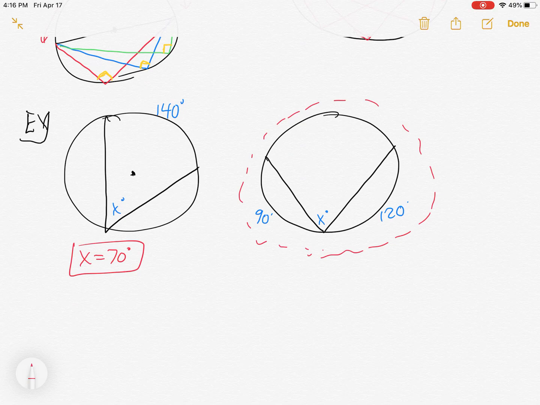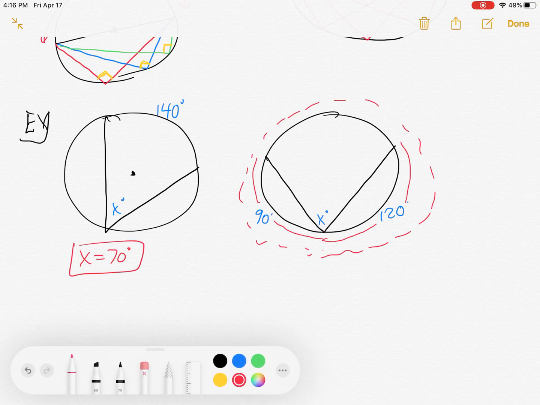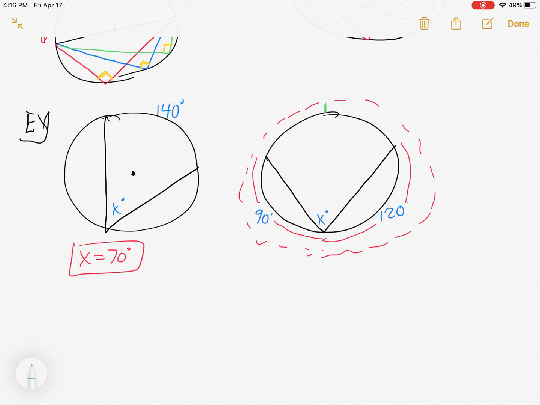Okay, so if I were to go all the way around this circle, how many degrees would I have gone? 360, right? So this portion is 90. This portion is 120. What's left for this portion up top?